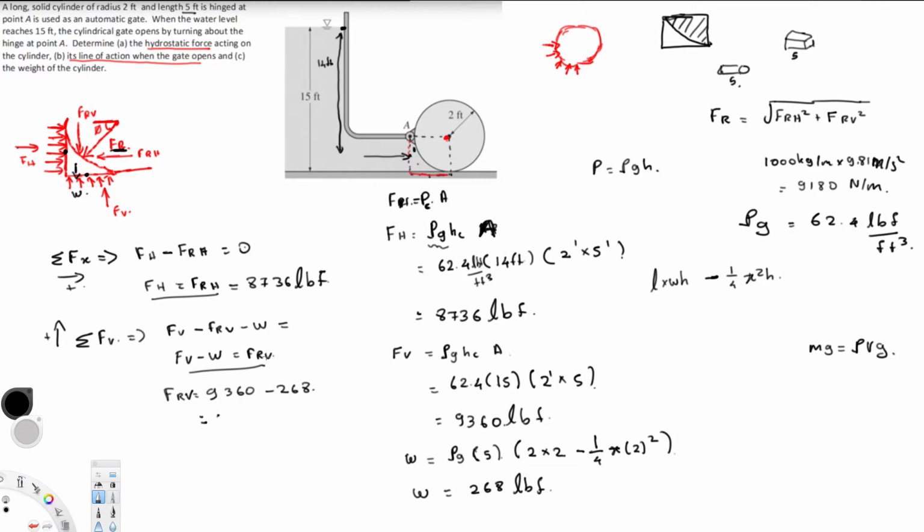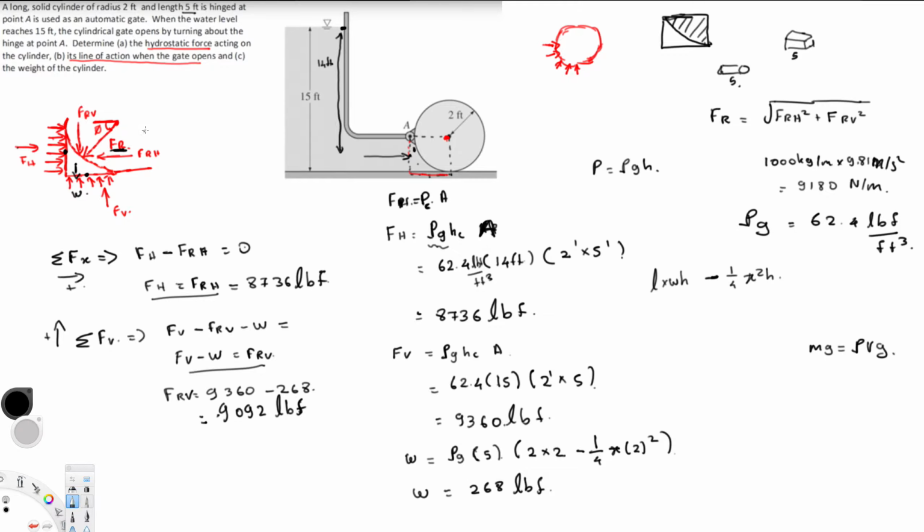Let's see, 9360 minus 268, that gives us 9092 pounds force.